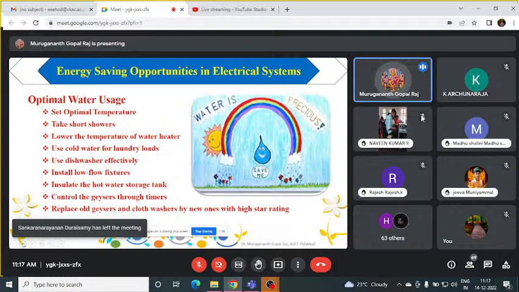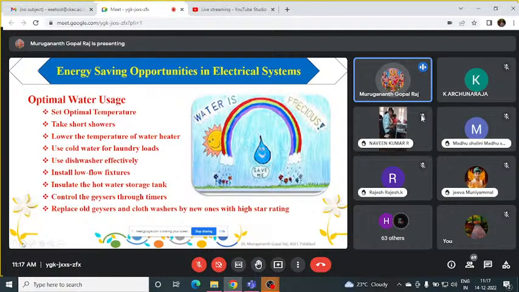And in the toilets, you can see in the flush there will be two buttons. One will be a bigger button, another a smaller button. If you want to flush more water, you press the bigger button, whereas when you want to use only a small quantum of water, you can use the smaller button. Like that, you can use low flow fixtures.